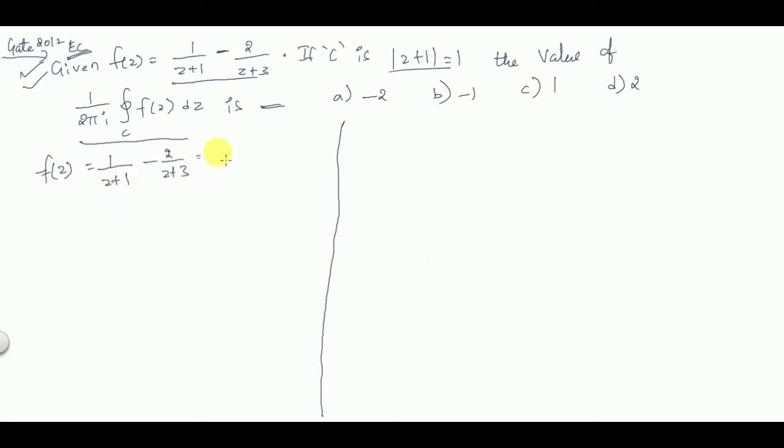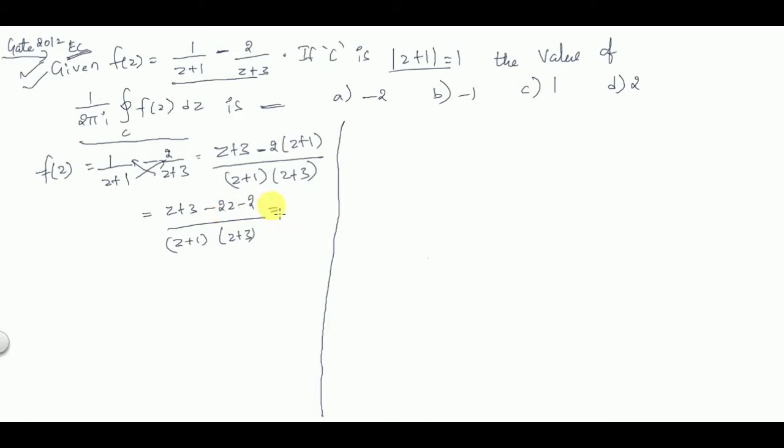Okay, so just solving this, taking the LCM, it will be z plus 3 minus 2 into z plus 1, divided by z plus 1 into z plus 3, multiplying this with this and this with this. So z plus 3 minus 2z minus 2, divided by z plus 1 into z plus 3.